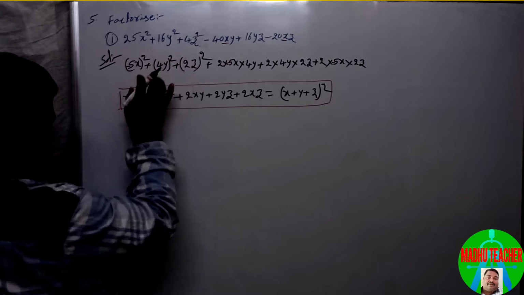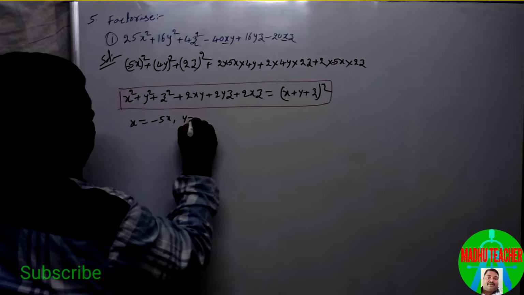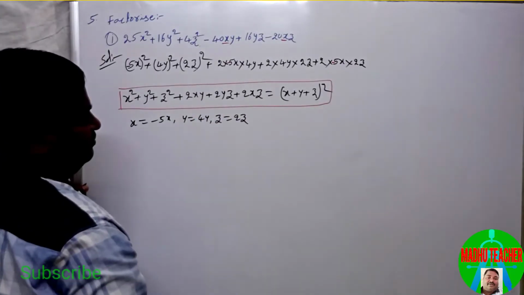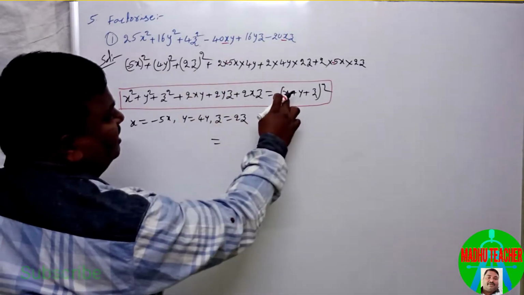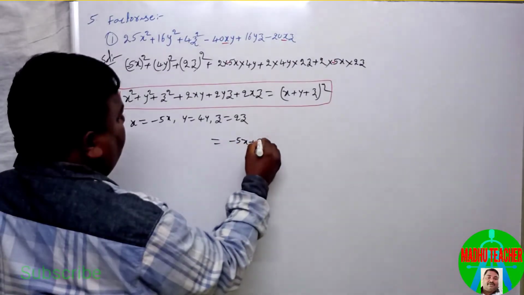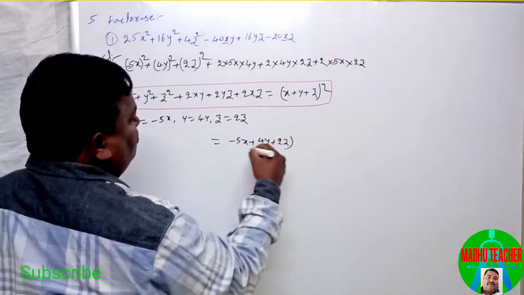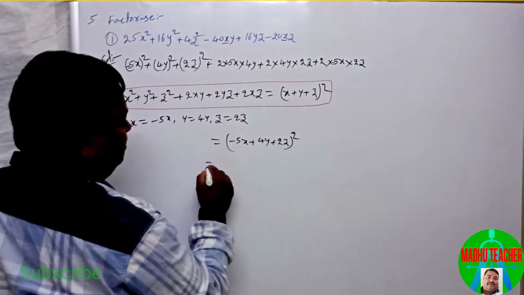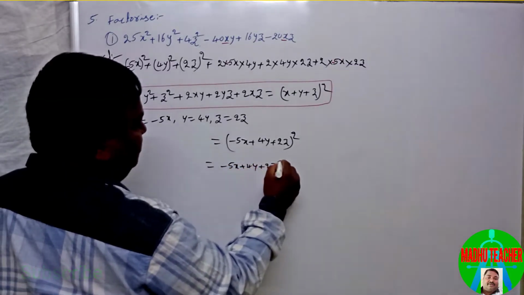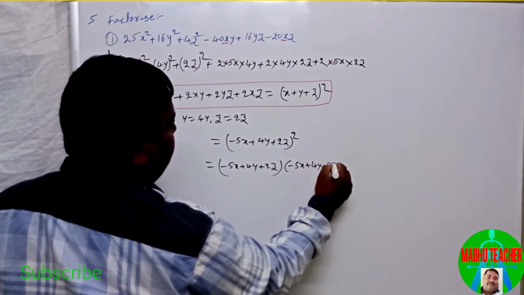So by comparing these two, we have x equal to minus 5x and y equal to 4y and z equal to 2z. Therefore, this equals x plus y plus z whole square. What is x? Minus 5x plus y, y is 4y, plus z, 2z whole square. That is minus 5x plus 4y plus 2z into minus 5x plus 4y plus 2z.